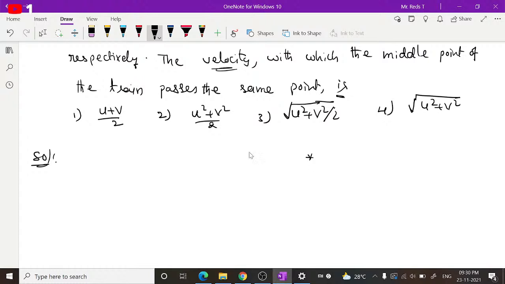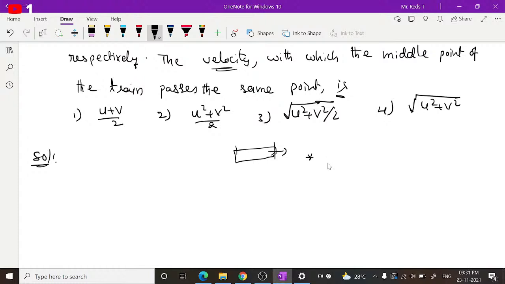This is the first end, this is the last end. At this point it is crossing with velocity u, and at this point with velocity v.